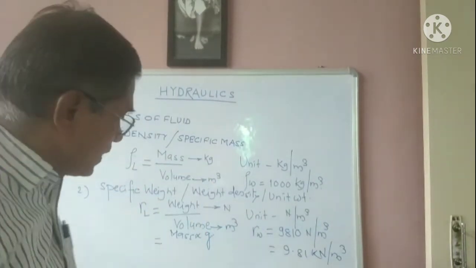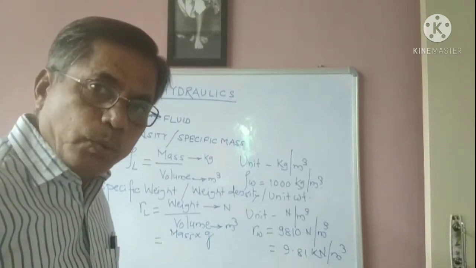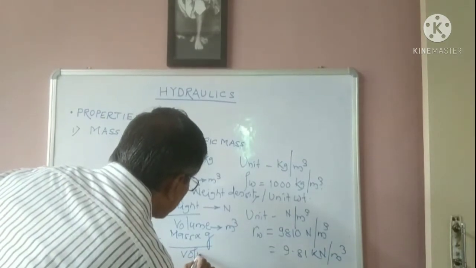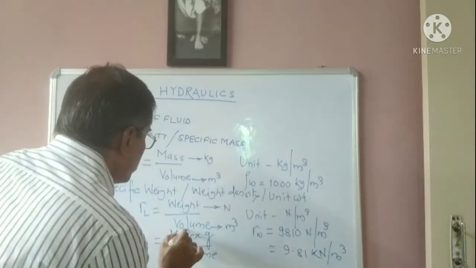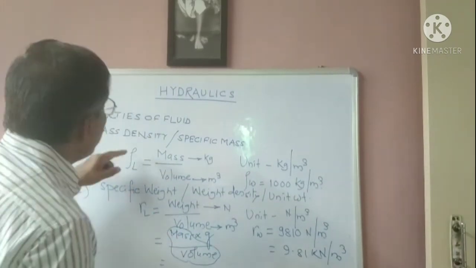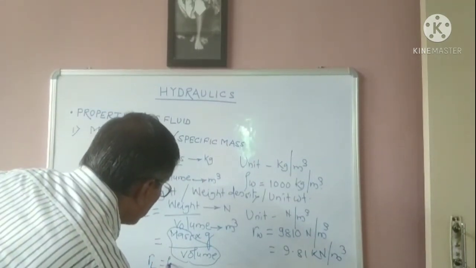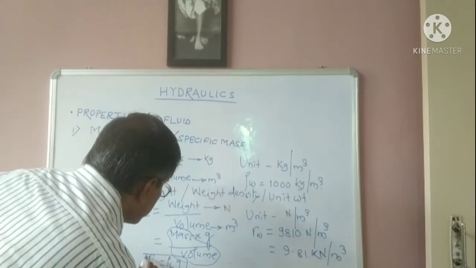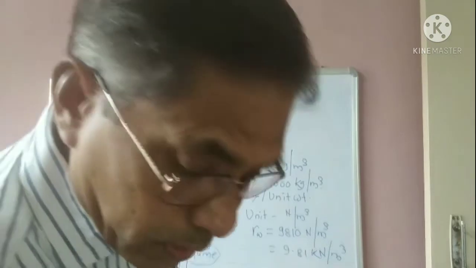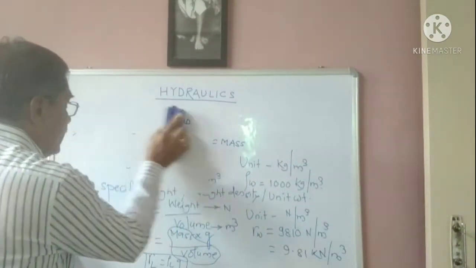So weight is expressed like this, mass into acceleration due to gravity, divided by volume, and therefore this term, that is mass upon volume, is nothing but the mass density, rho L. So therefore, gamma L is equal to rho L into g. So this is the relation between these two terms. Okay. So we have established the relation between these two, isn't it?